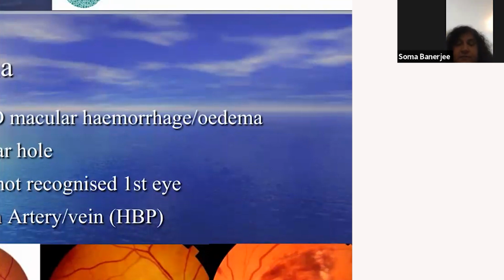Again, we have treatments available now in the way of intravitreal injections of anti-VEGF, which minimize the amount of damage that is being done. It's a classical picture of this sort of flame coming away from the center of the disc involving a quadrant. So it's really a recognition of this is the picture of a branch retinal vein occlusion.